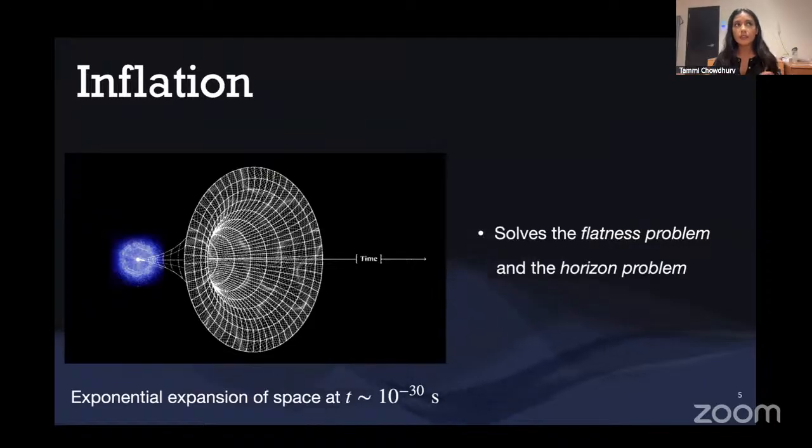They're too far apart. However, we have seen there are temperature correlations between the two patches, and this was a mystery. This should not have been the case. However, if you introduce inflation, this resolves it because if you go back early in time, these two patches were in fact causally connected, and therefore we see that now. So inflation has quickly risen to the accepted early universe idea.